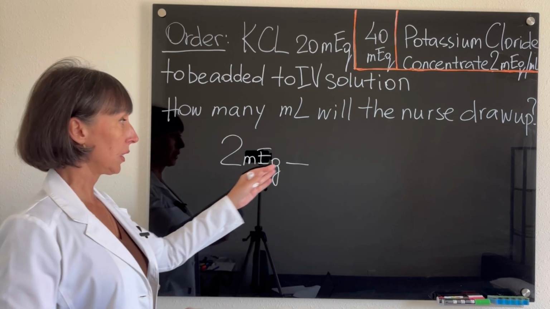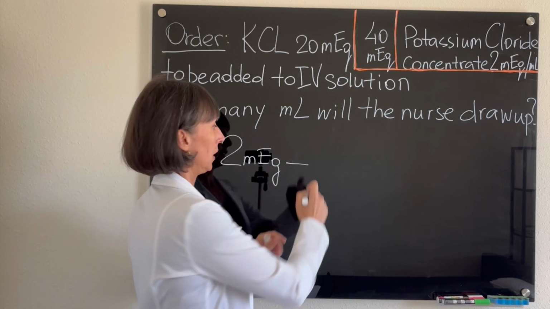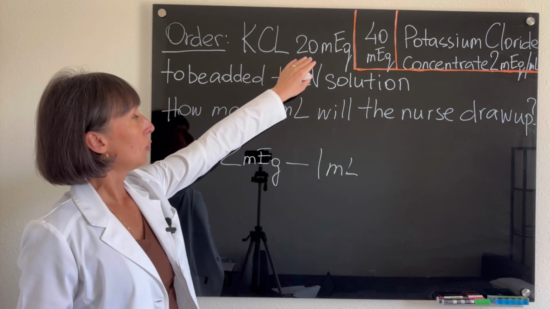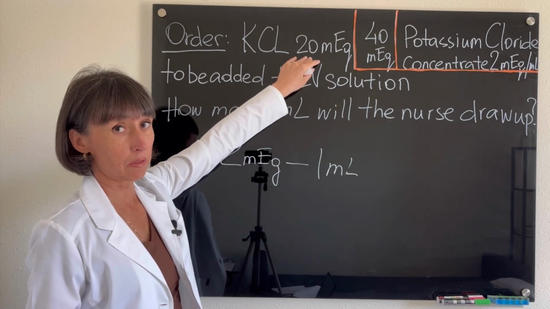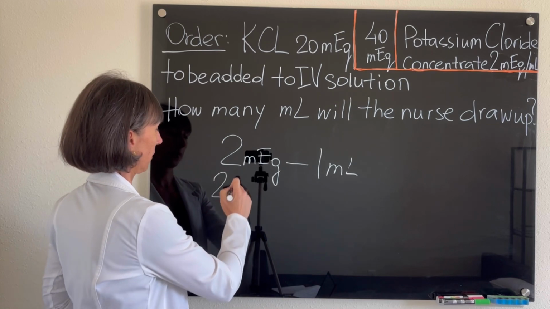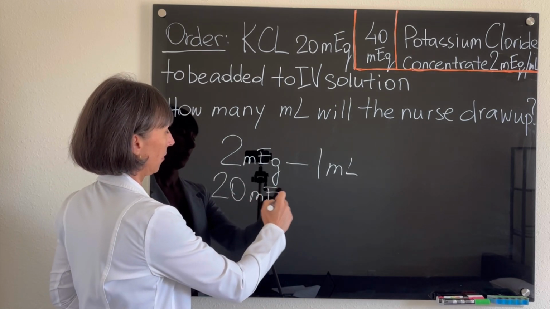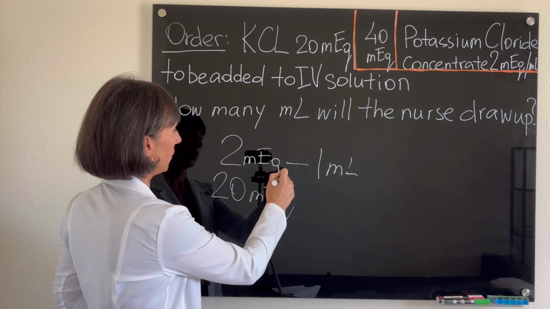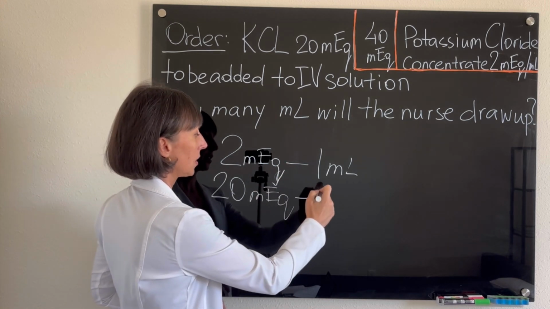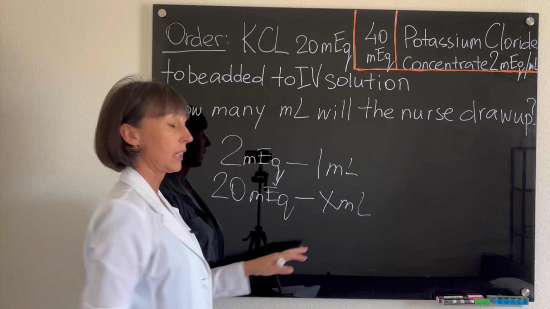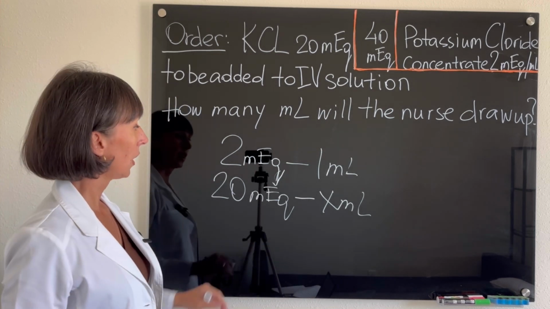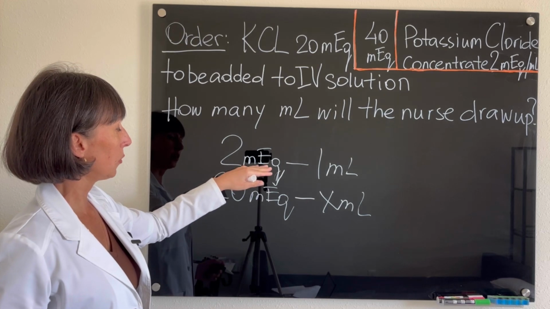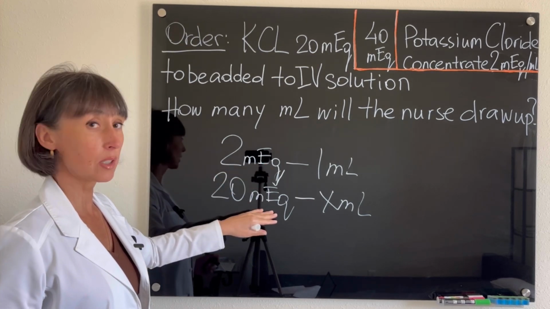2 milliequivalents is 1 milliliter. I need to give 20 milliequivalents. 20 milliequivalents is X milliliters. And once again, using the DKP method, we're checking: do we have milliequivalents under milliequivalents?